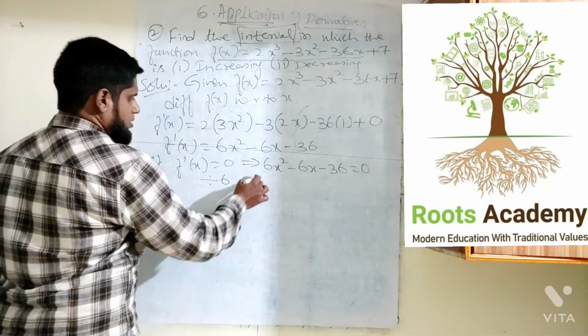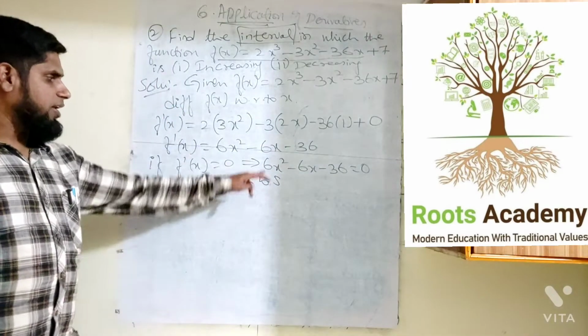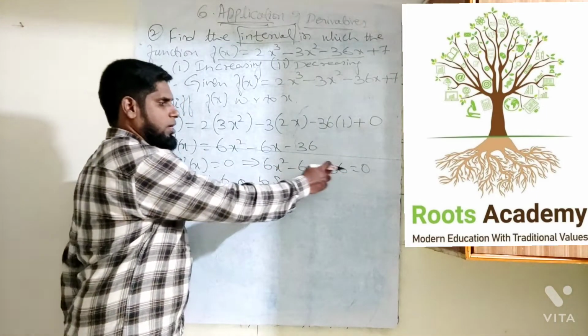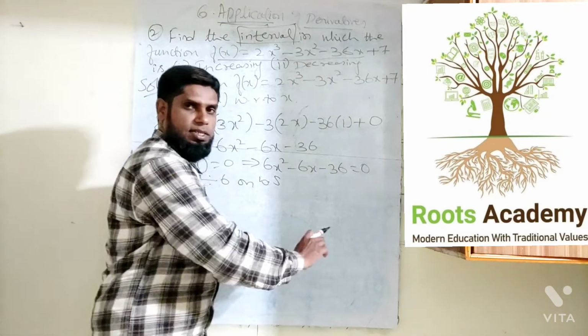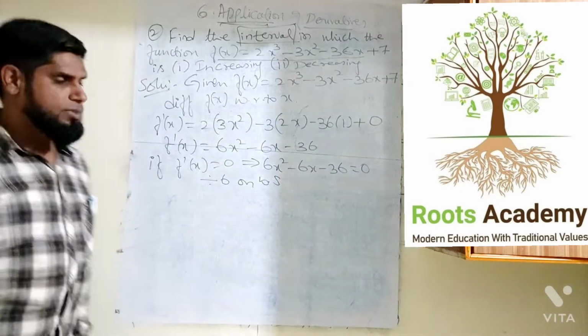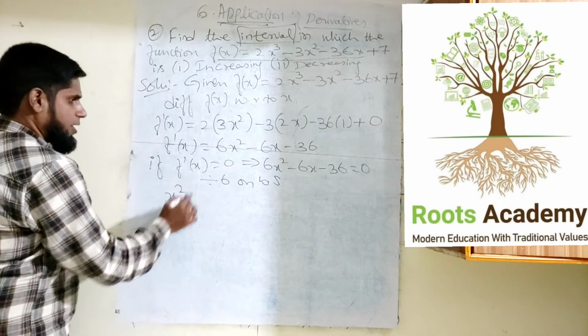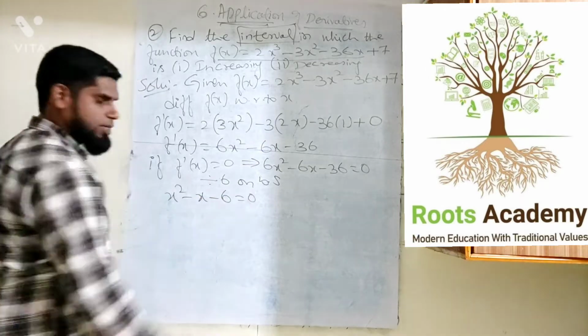Divide by 6 on both sides here. If I divide this term by 6, then 6 and 36 get cancelled by 6, as well as 0 divided by 6 is again 0. Finally, I will get x square minus x minus 6 is equal to 0.